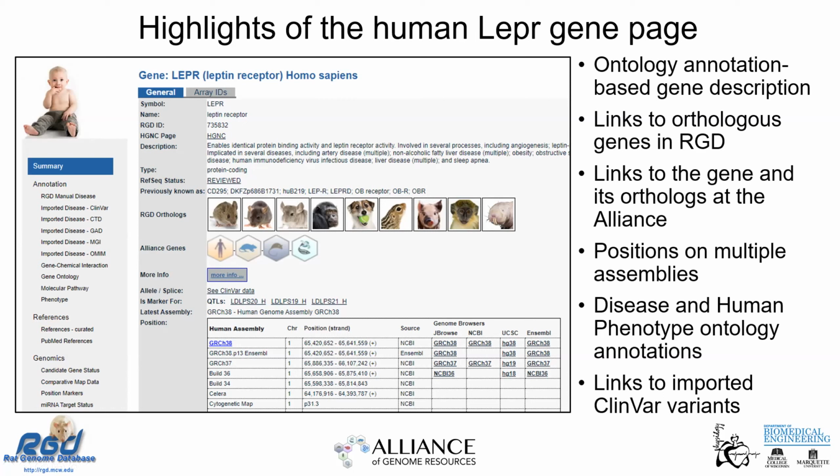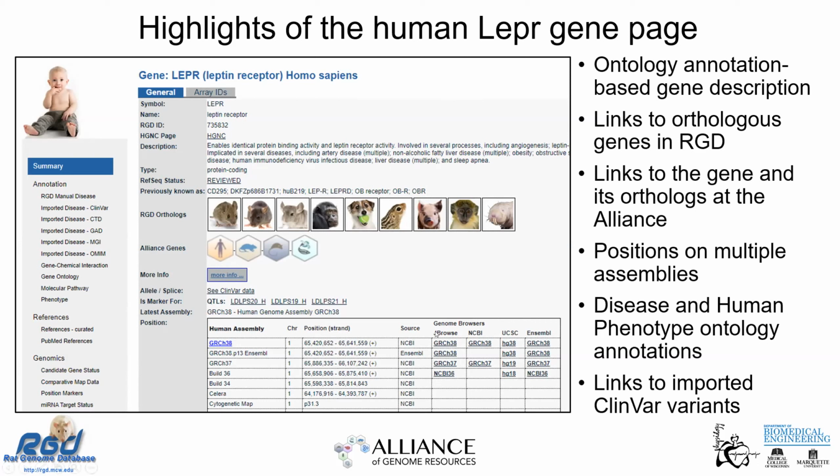Obviously, we do not have alleles or strains for human genes, but we do have ClinVar variants that we have imported. And so there's a link to the ClinVar data, which actually is farther down on the page.